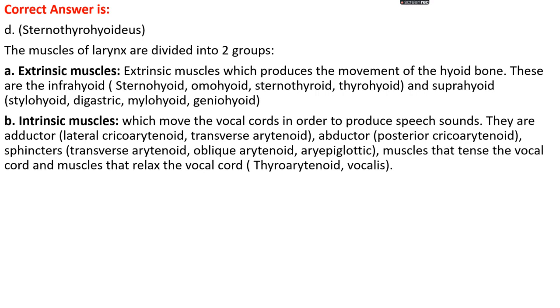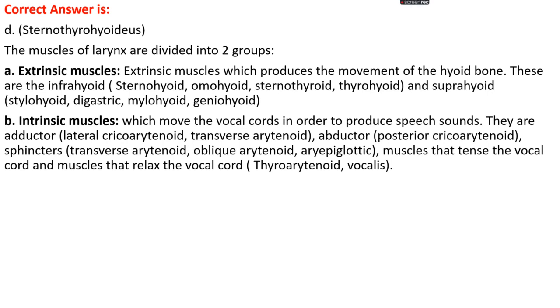The extrinsic muscles are mainly responsible for the movement of the hyoid bone. These are infrahyoids like sternohyoids, omohyoids, sternothyroids, thyrohyoids, and suprahyoids, that is stylohyoids, digastrics, mylohyoids, geniohyoids, etc.